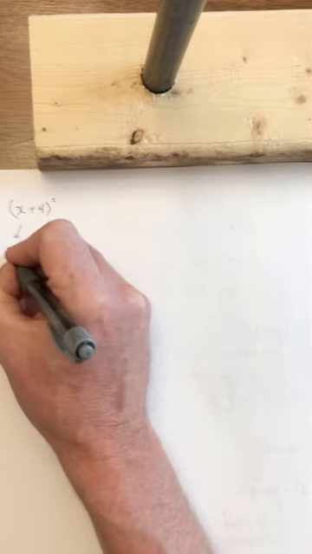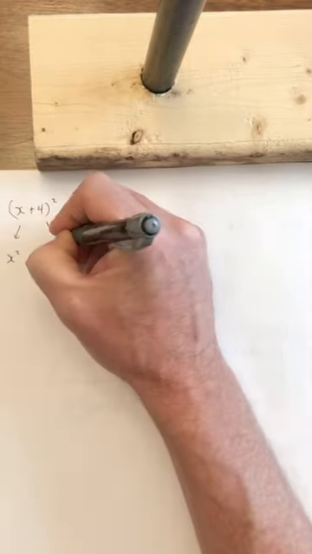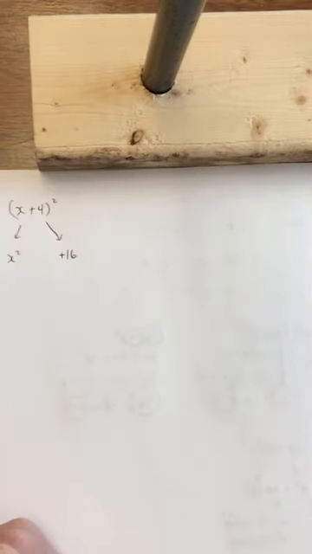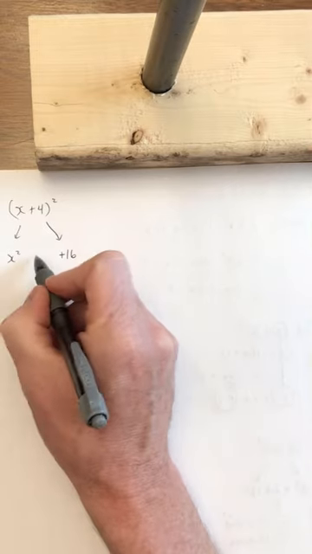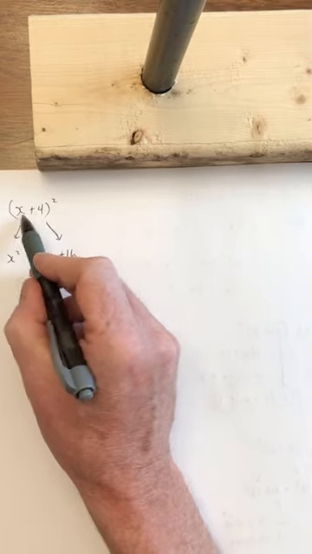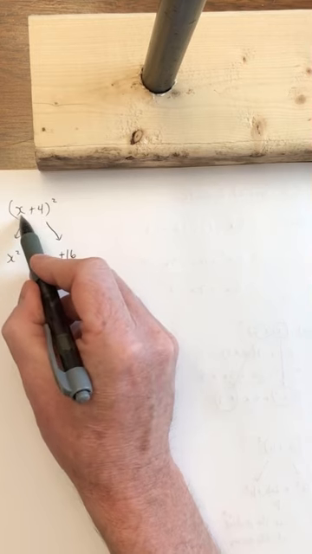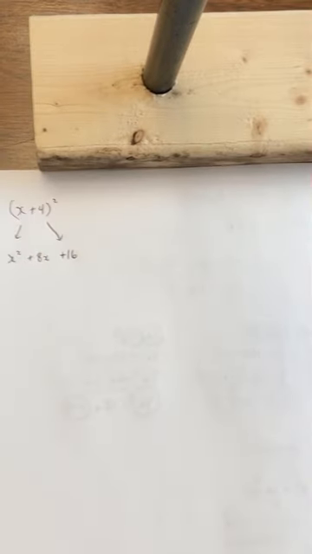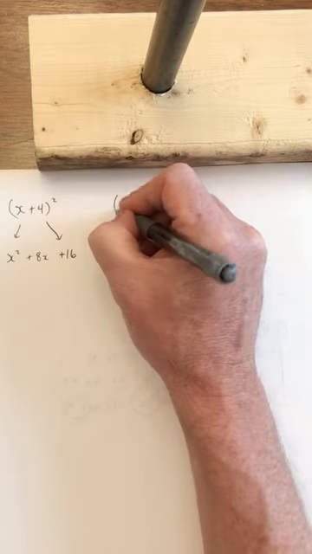So I can take my first term and square it. Take my second term and square it. And my middle term here is going to be double these two together. So 4 times x is 4x. Double it, we get plus 8x. How much fun is this?